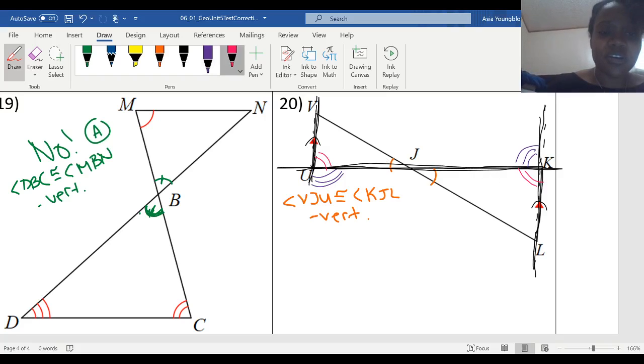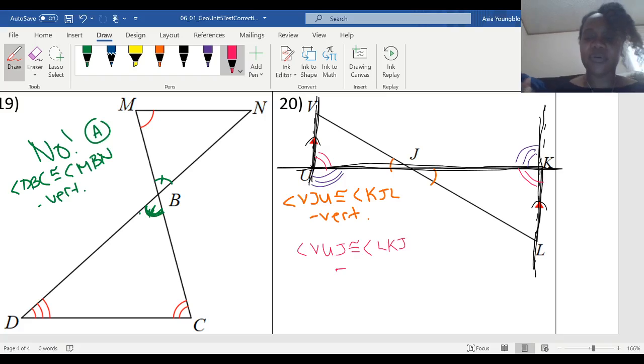These angles are angle VUJ and angle LKJ. And these angles are congruent because they are both inside of the parallel lines. So they're inside the parallel lines and on opposite sides of the transversal.